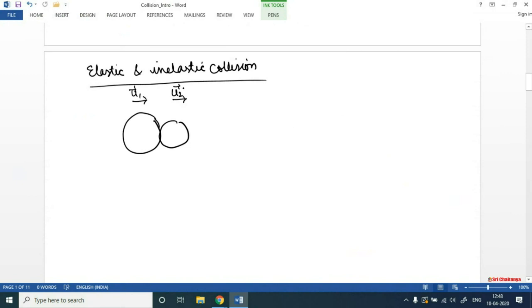So when they collide, basically they will try to compress each other. They would be compressing each other first, and the shape of both the bodies will be deformed a little bit. Let's draw this diagram, something like that. So you can see that the bodies m1 as well as m2 both have got deformed.